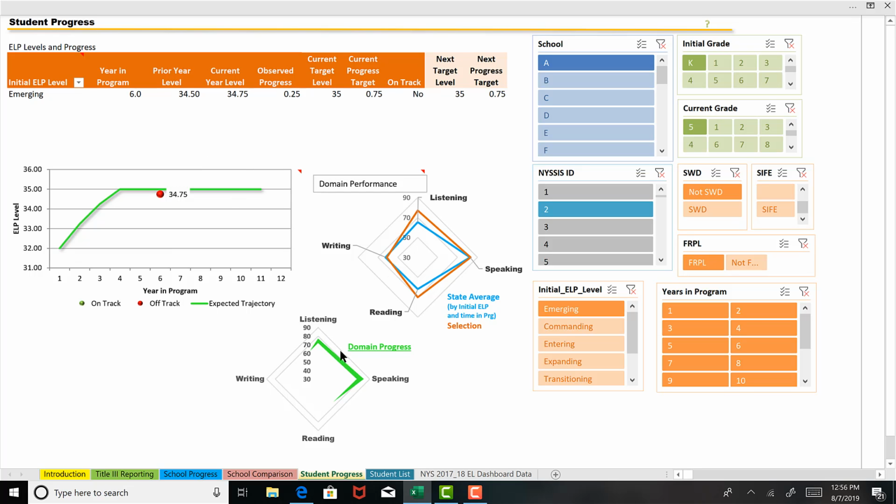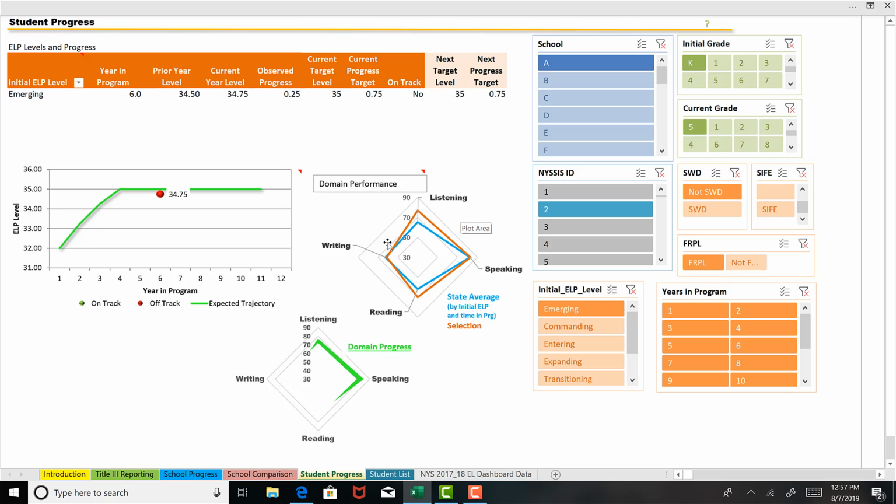Then over here we have two additional, more disaggregated charts. This chart displays the selected student's domain performance compared to the domain performance of students who have similar contextual information, that is, who have the same number of years in the program and had the same initial starting point.